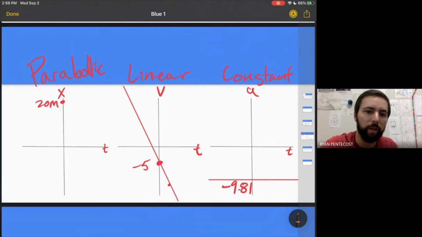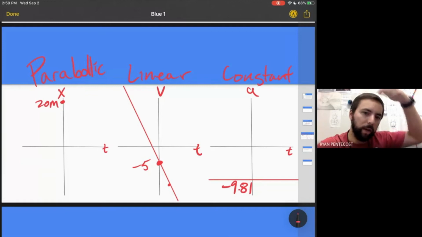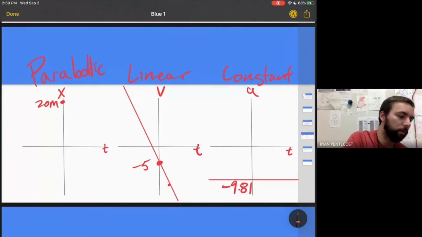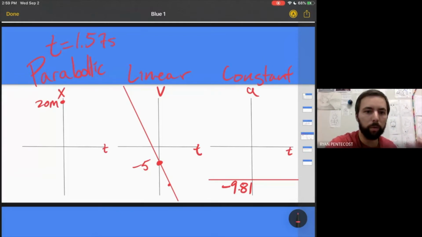Now we can find the time. The time can be found if we use the blue quad. We're going to get to the blue quad in a bit. But before we do that, I will say that the time that we get here is 1.57 seconds if you put that into your blue quad.